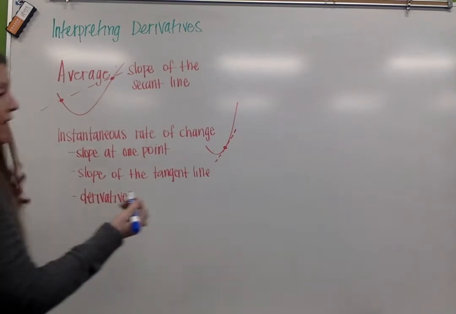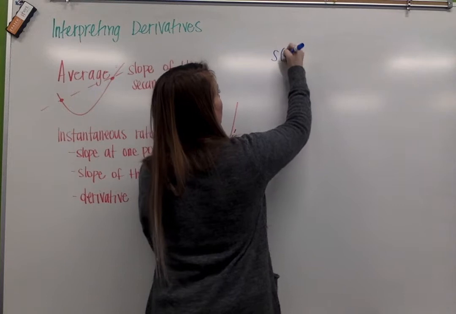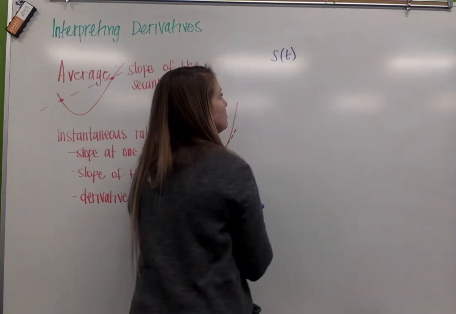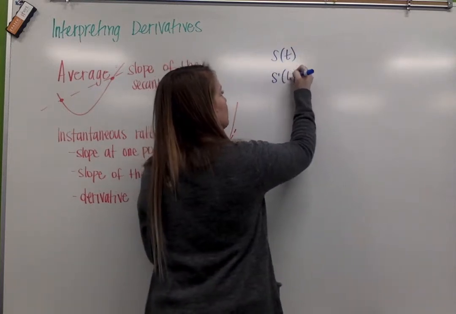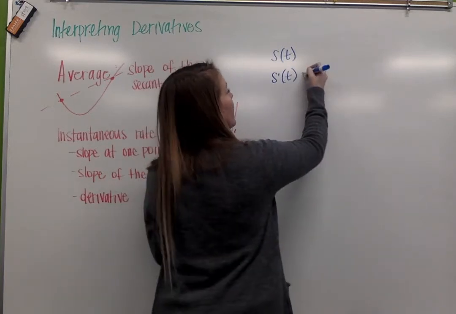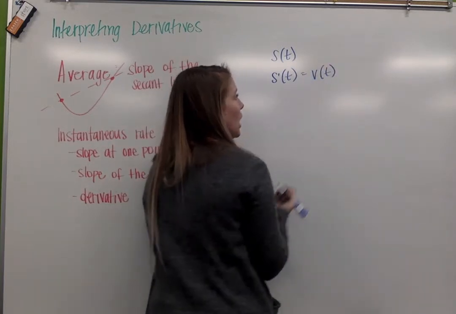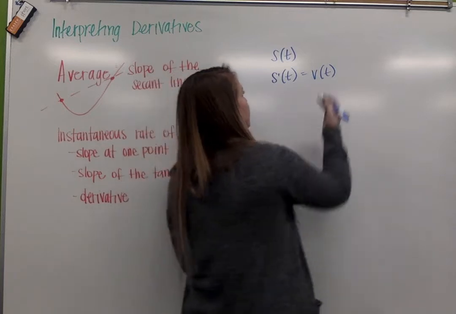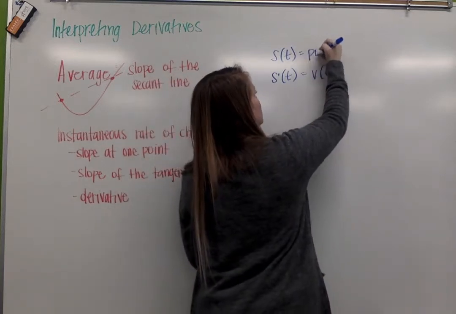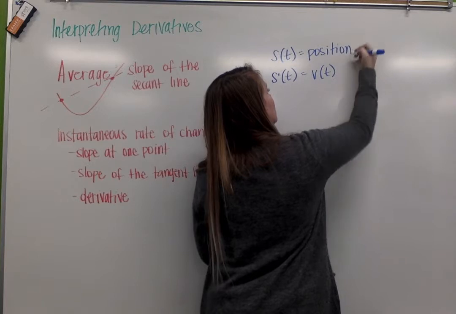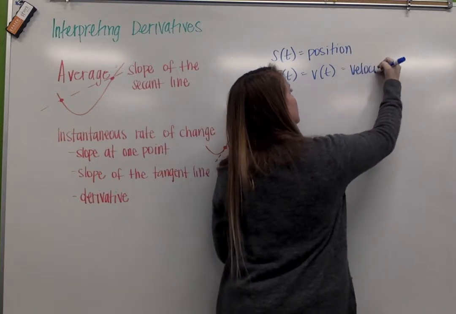More vocab. If we start out with our position formula, and I take the derivative of position, well, that's going to give me velocity. Okay? So I guess I'll call this position so we know what's going on. And here we know that this is velocity.